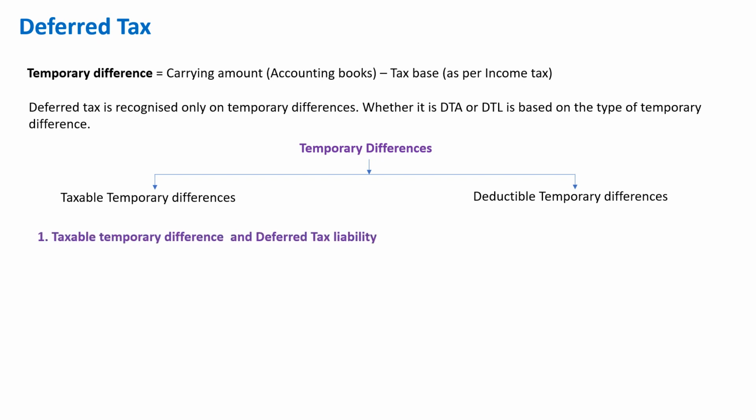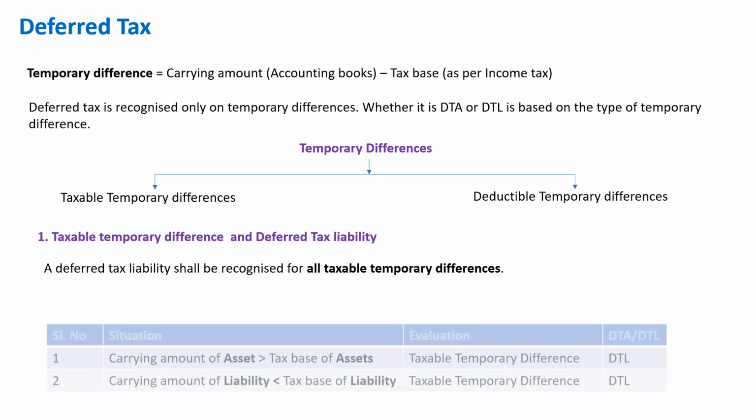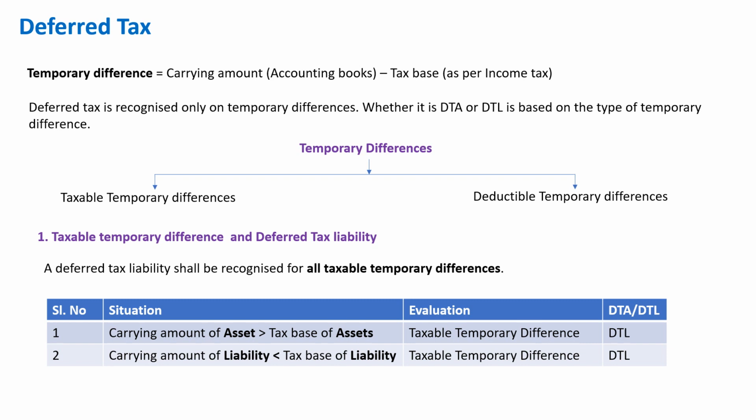Taxable temporary difference and deferred tax liability. A deferred tax liability shall be recognized for all taxable temporary difference, because you are deferring the taxable income to future. Obviously, you have to pay excess tax in future years. So it is a deferred tax liability. So what could be the scenarios? There are two scenarios. Carrying amount of asset is more than tax base of asset. This is the same example we discussed in the first slide, where the carrying amount was 90,000 rupees and the tax base was 80,000 rupees.